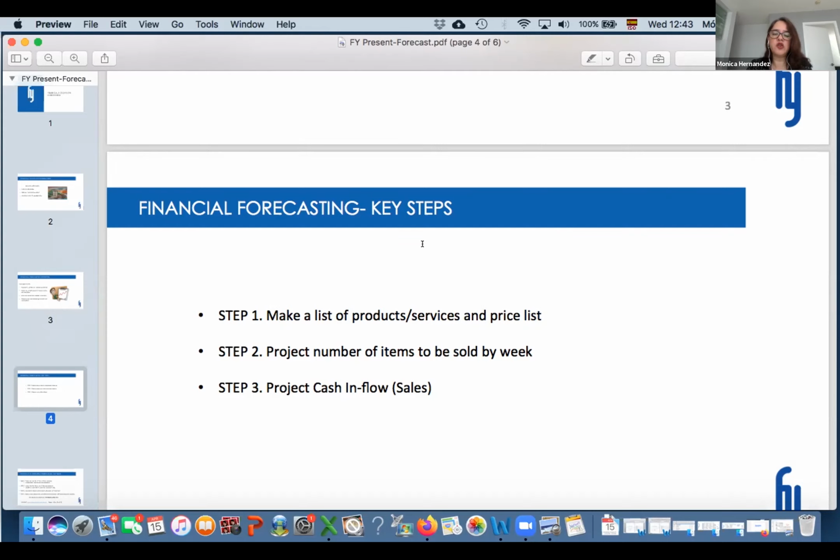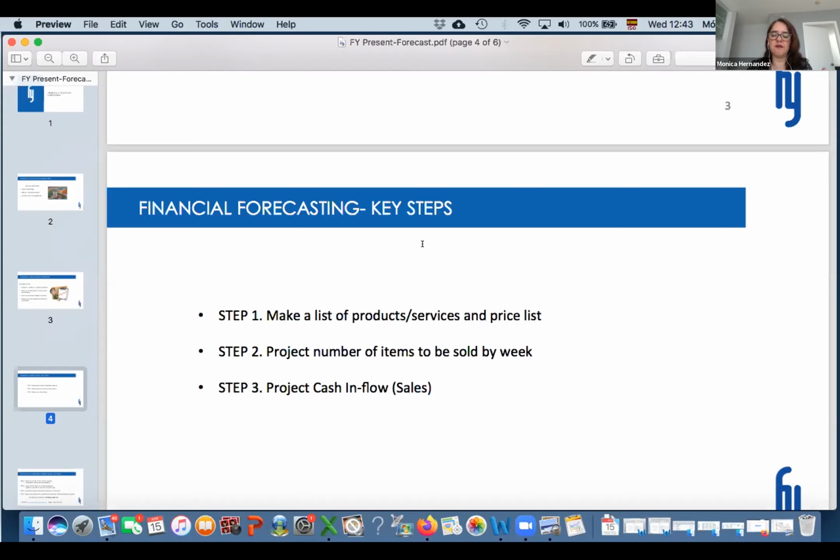First of all, you need to make a list of the products and services that you can offer in this period, linked with the price list. This price should be adjusted for any discount or incentive that you want to provide to your client base. Once you have done that, you need to project the number of items that you are going to be selling by week.